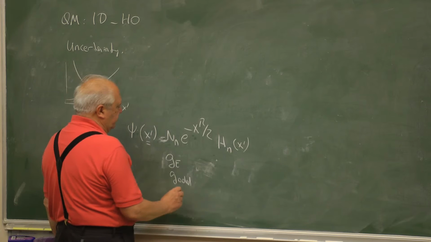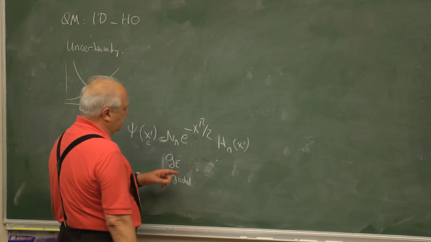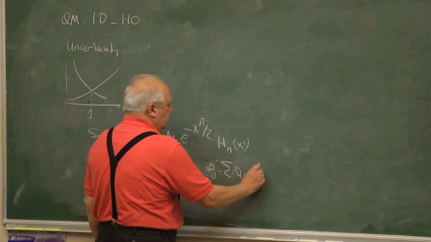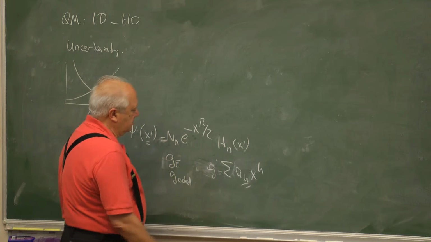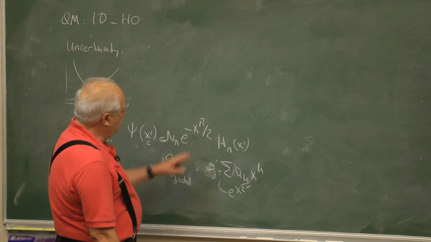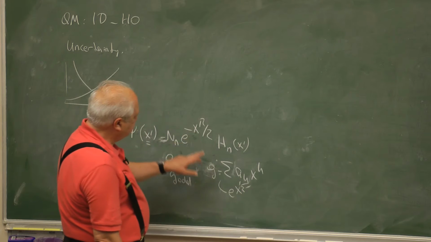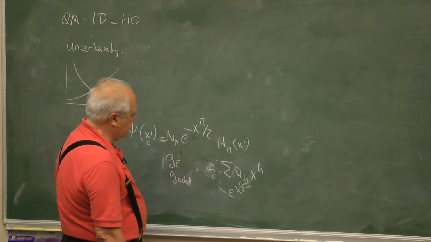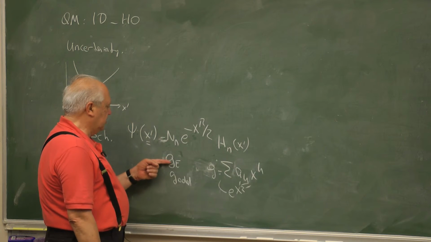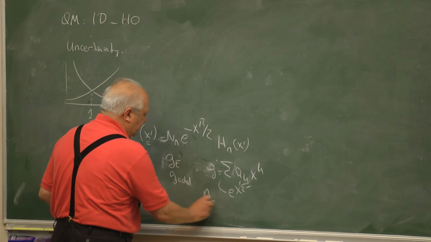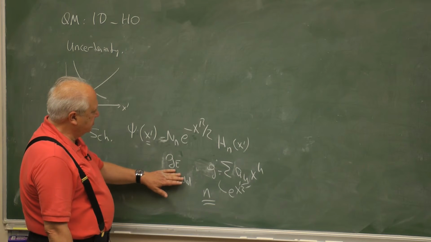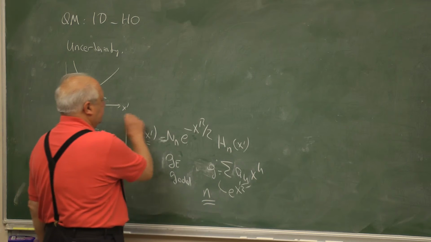For large values of k, where G is the sum of a_k x^k, this had the tendency to go as e to the x prime squared, which of course beats that asymptotic behavior. So we had to terminate the series. You can terminate either the even series or the odd series depending on the value of n, and then we keep one of them and put the other one to 0.